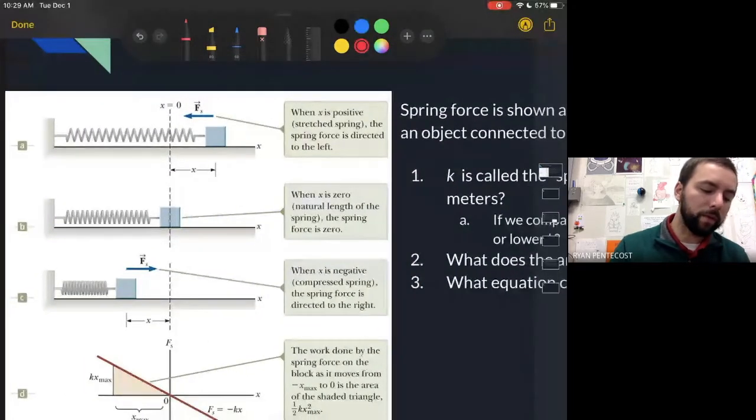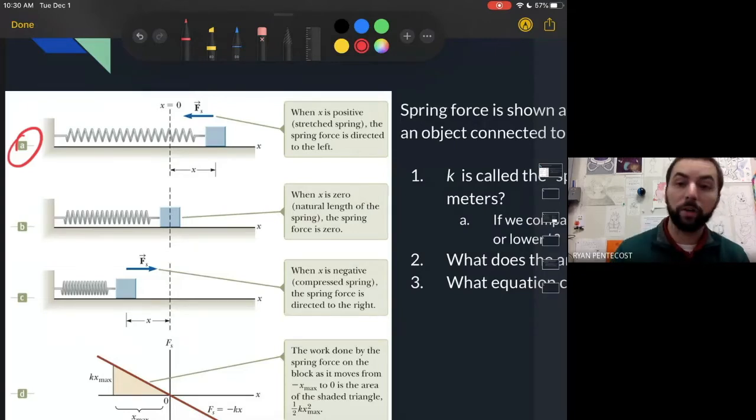So when we have this spring up top for letter A, X is considered positive when you are stretching the spring. Relative to the spring, that is a positive motion. Relative to the spring, it is negative if you compress the spring.